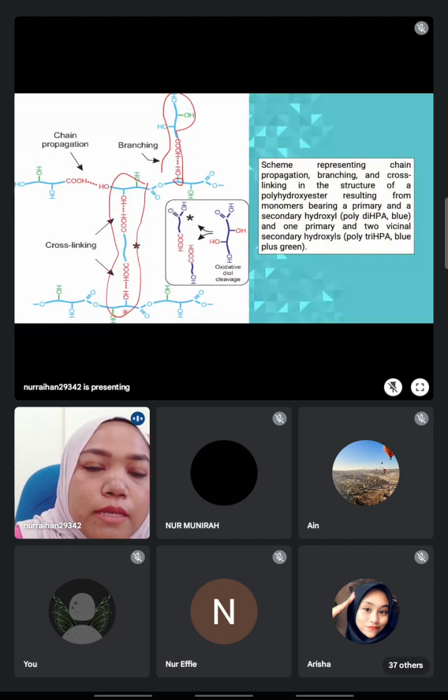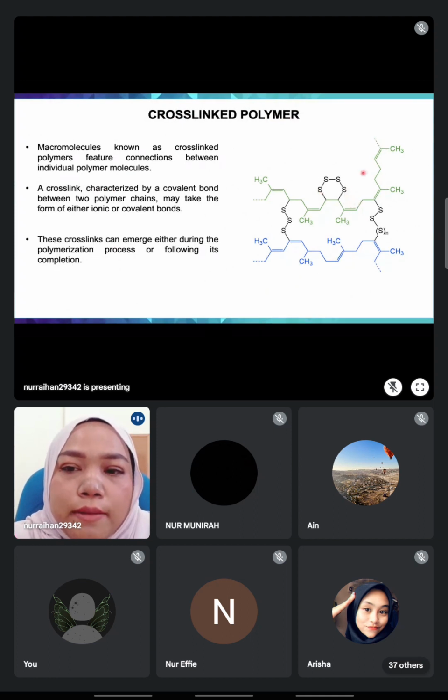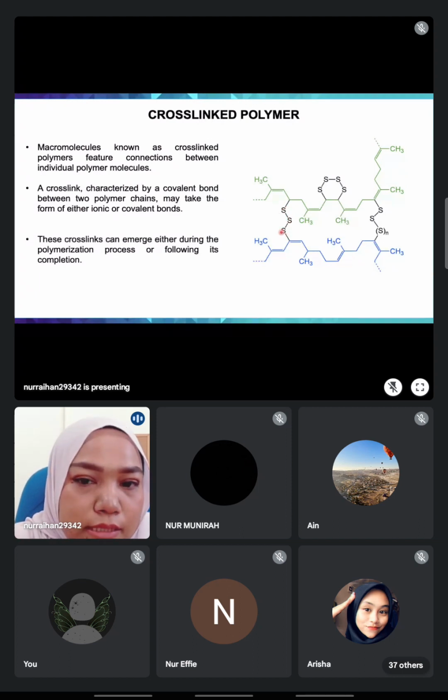When they can form the linkage between the other chains, so they can form the crosslink. Yang paling mudah yang selalu kita akan nampak adalah di dalam natural rubber. So this bonding, between this rubber chain, CH3, rubber bond. So this rubber chain, they will link by the sulfur, elemental sulfur. So this sulfur can react as a cross-linking agent.